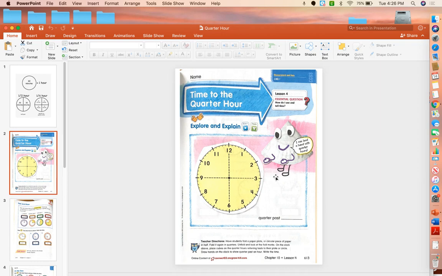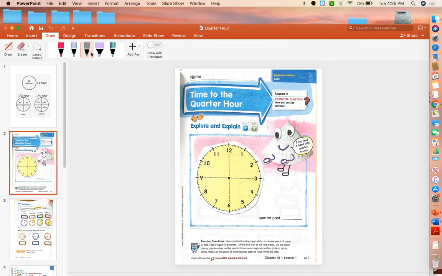There are 4 quarters in $1, right? Well, there are 4 quarters in 1 hour. So if you take a look at this, there are 4 quarters. Here's the first quarter. This is the second quarter. Here's the third quarter. And here's the fourth quarter. So when you do all those quarters together, it equals 1 whole hour.